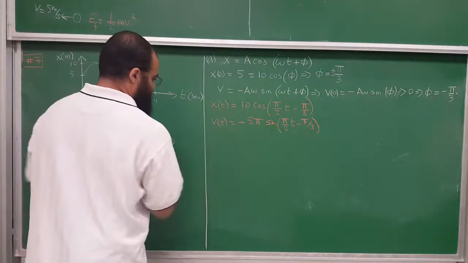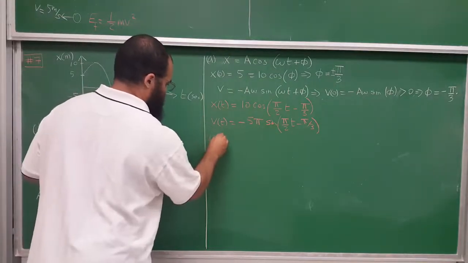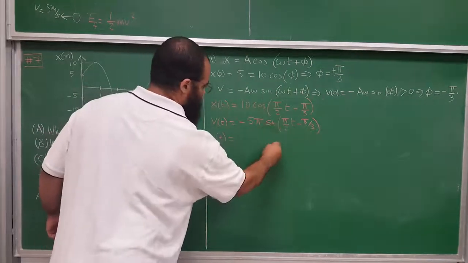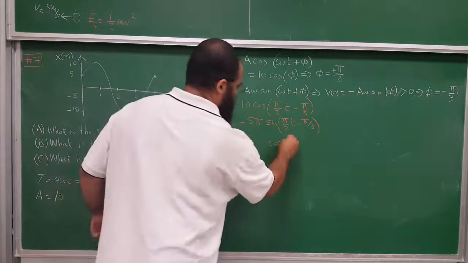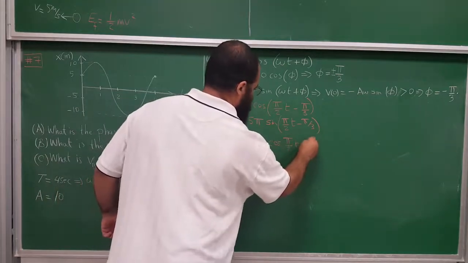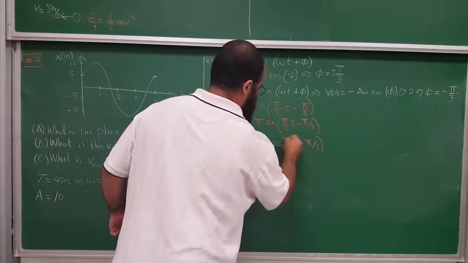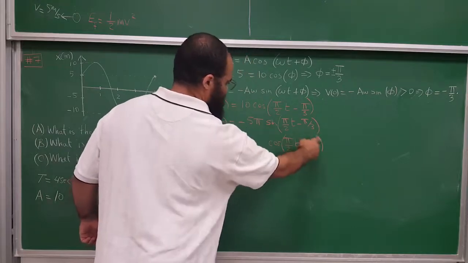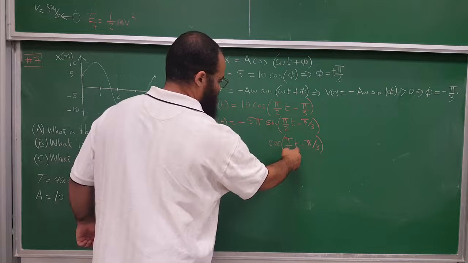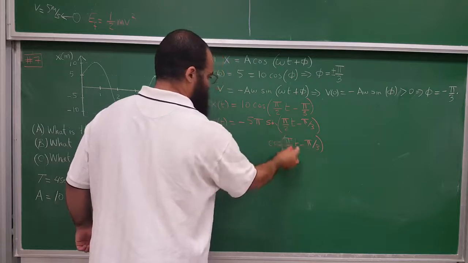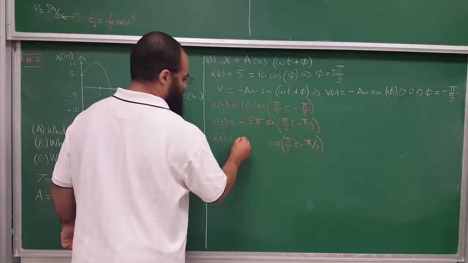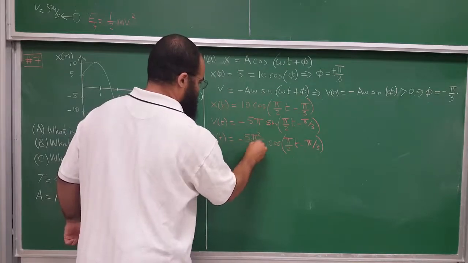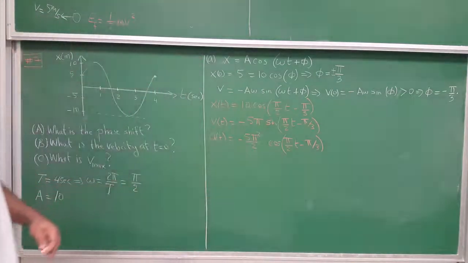So the acceleration will equal, when you take the derivative of sine, you get the cosine of pi over 2 t minus pi over 3. And when you take the derivative of the inside, you get the chain rule. The derivative of pi over 3 is 0. The derivative of pi over 2 t is just pi over 2. The pi over 2 comes out, and it gives you a 5 pi squared divided by 2. That's the acceleration. Now we have everything.